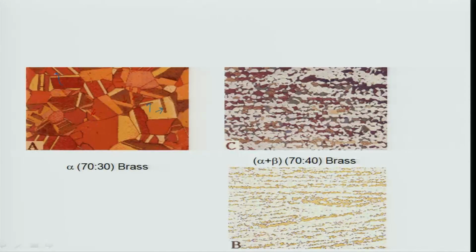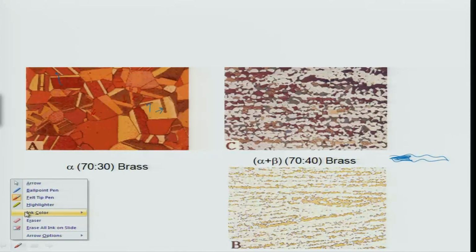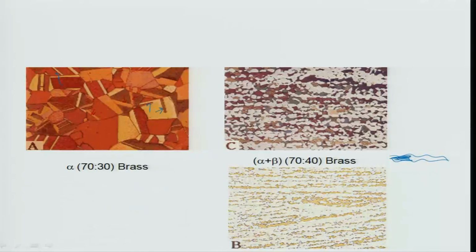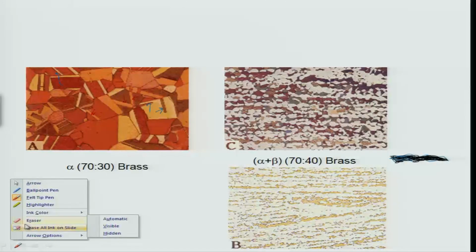On the other hand, alpha plus beta brass will have both alpha and beta, and you can clearly see there is a gray or black color phase inside. This is what is known as alpha phase, and the outside one is a different color.